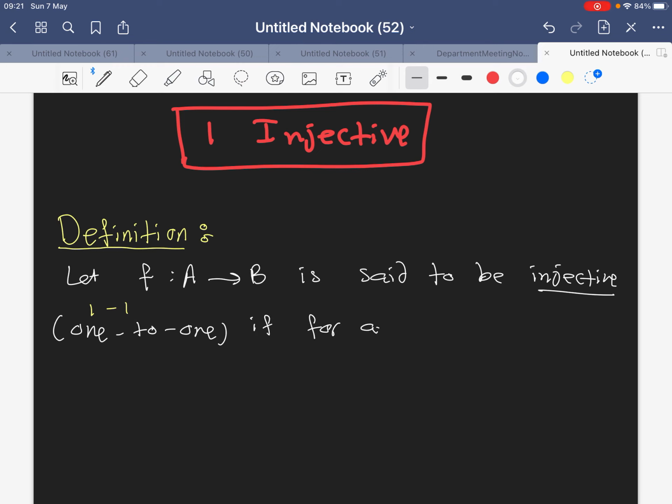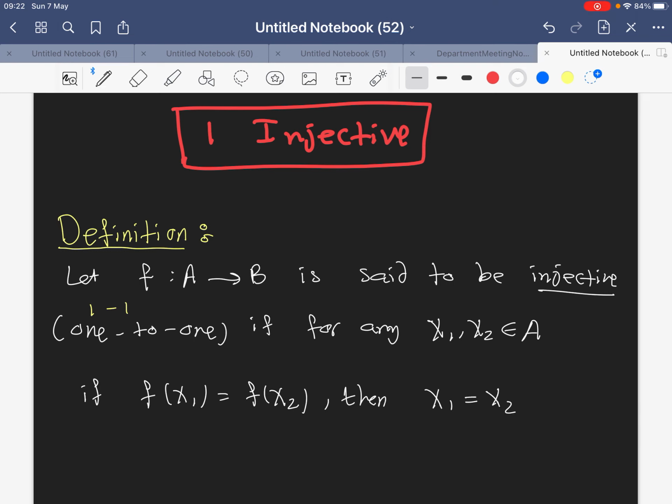For any x1, x2 in the input A, if f of x1 is equal to f of x2, then if two points have the same output, the same image, then those two points actually are the same.